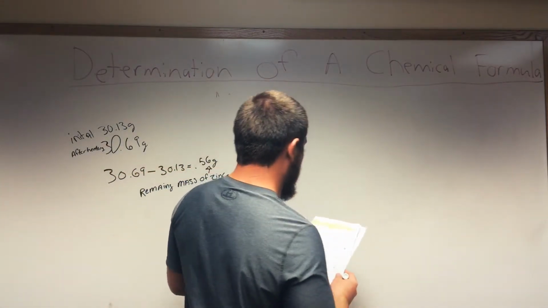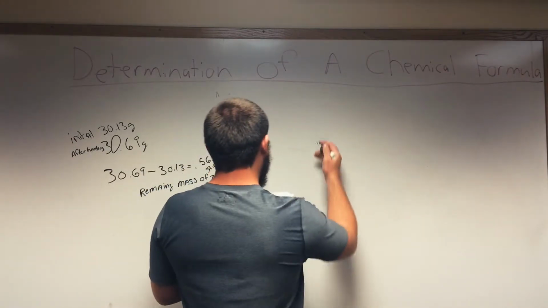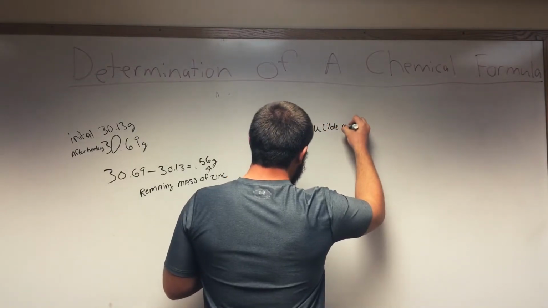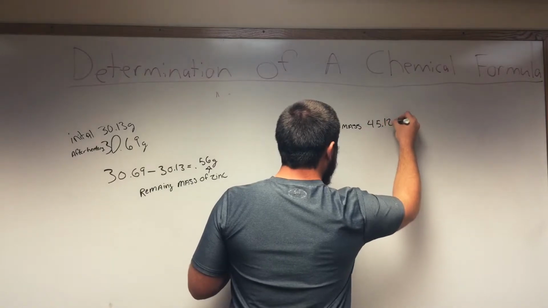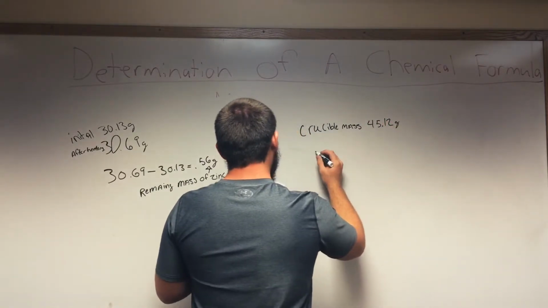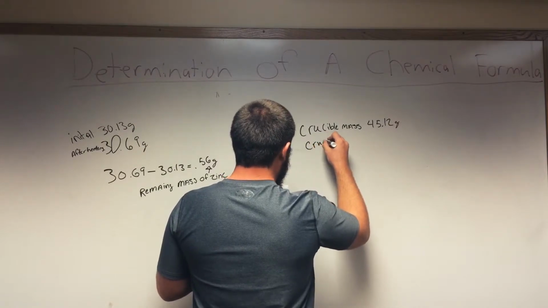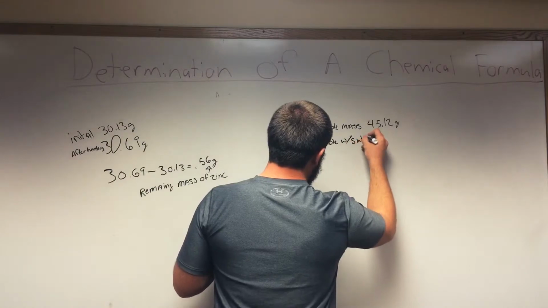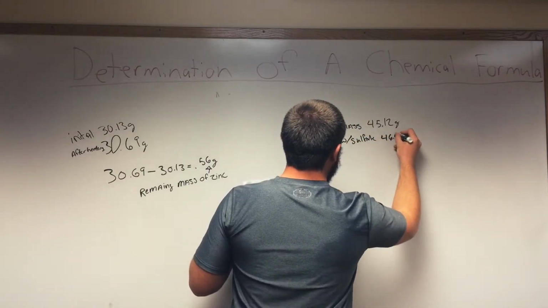And then for part B, we had a crucible mass of 45.12 grams. Then with the sulfate, it was 46.02.